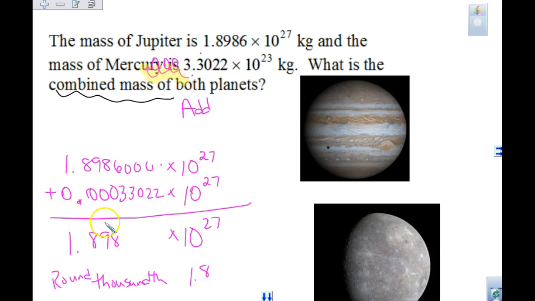And yes, you could add these 1.89, and this would have been a 9, and then 3, and then I don't want anything that ugly on the test. I want you to round it and tell me 1.89 or 1.899 maybe times 10 to the 27. Okay? Let's look at that next one.